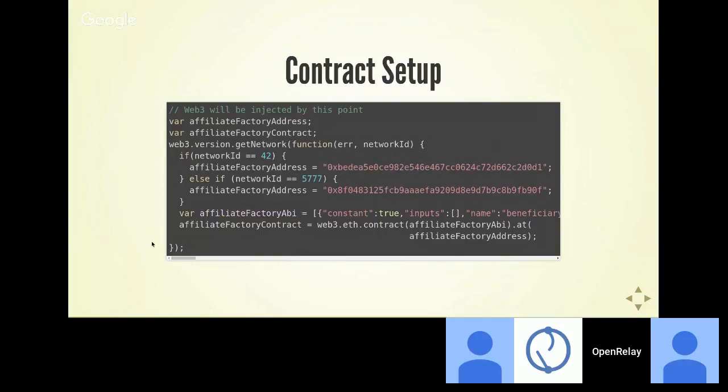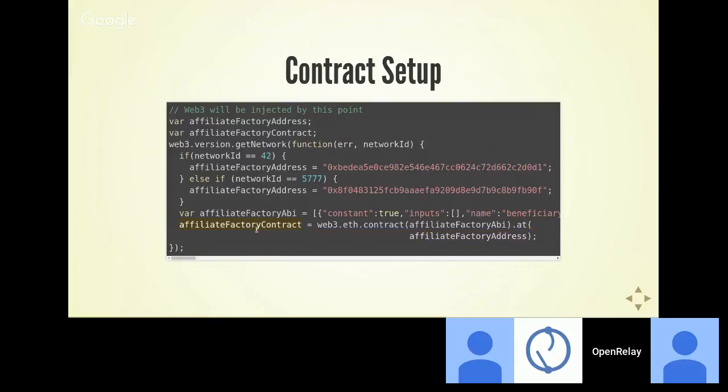Once you have your ABI, you can create an instance of a contract, or an object to represent that contract, by passing the ABI into web3.eth.contract. And from there, you have a couple of different options. You could deploy the contract, or in this case, since we know it's already deployed, we call at, and we pass the affiliate address.